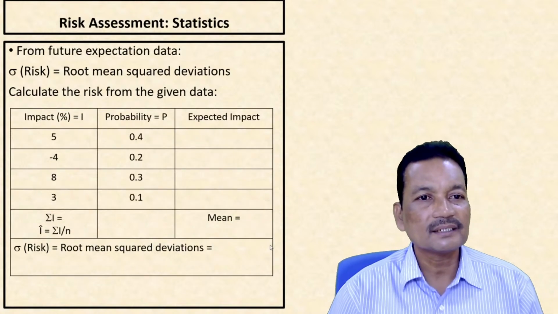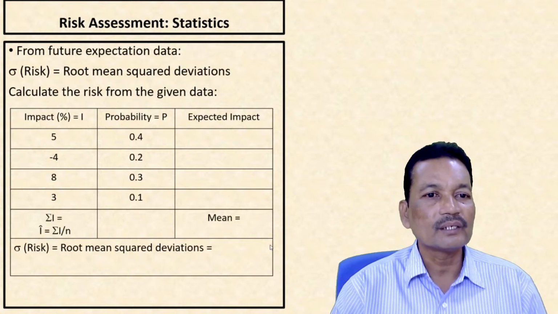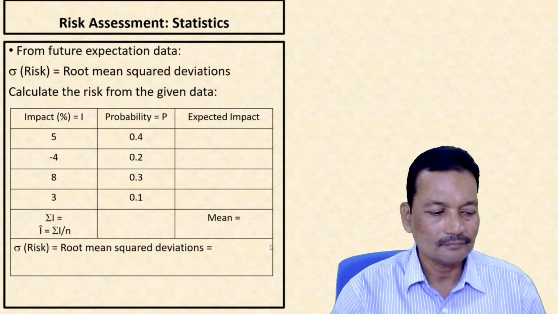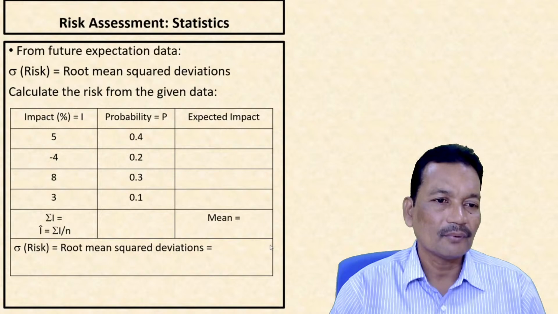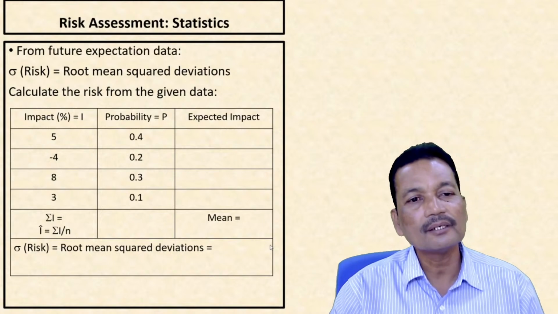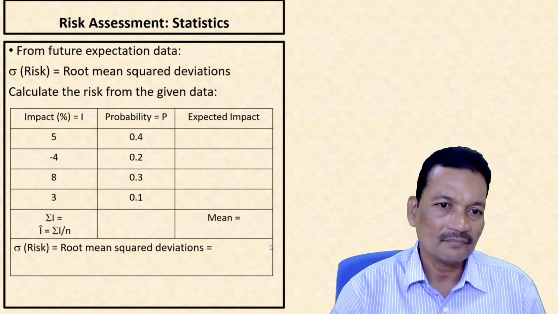Now, whenever there is future expected data, when we talk of the future, we take into account the probability. Here I have taken the same impacts, 5, minus 4, 8, 3. Now, we have used the probability of that impact happening.